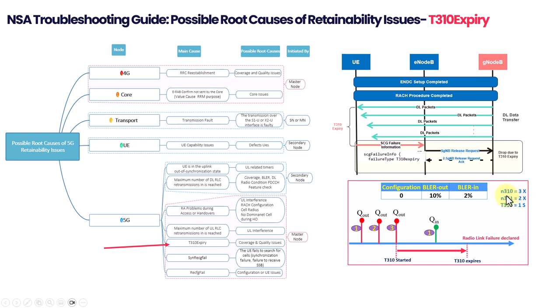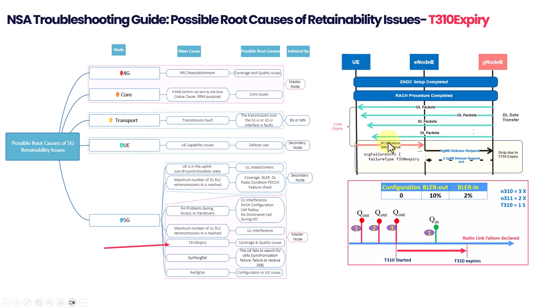For example, if you have a number of consecutive decoding failures in the downlink, let's say 3 times, then the timer will start. If within this particular timer it is not able to achieve consecutive, for example, N311, 2 times successful decoding of the PDCCH data, then what will happen? The T310 will expire. Once it expires, the user will trigger this kind of radio link failure.